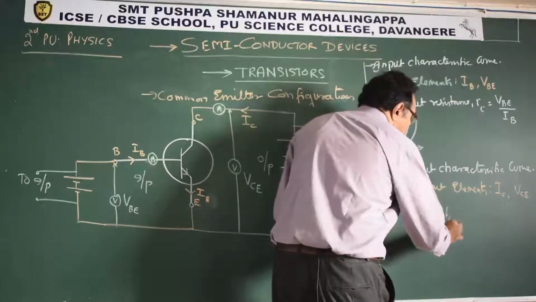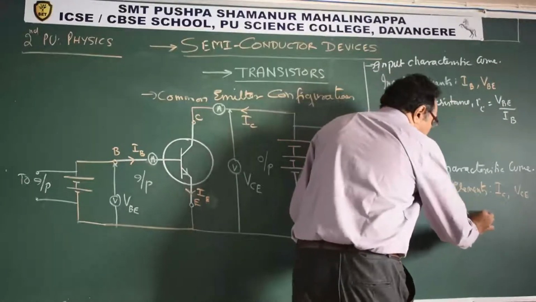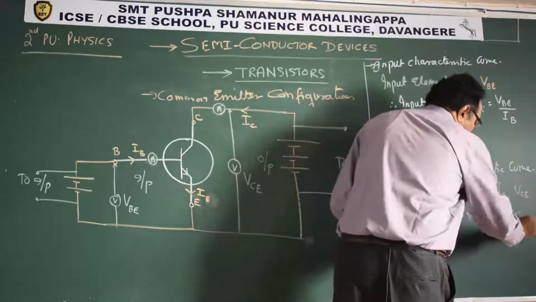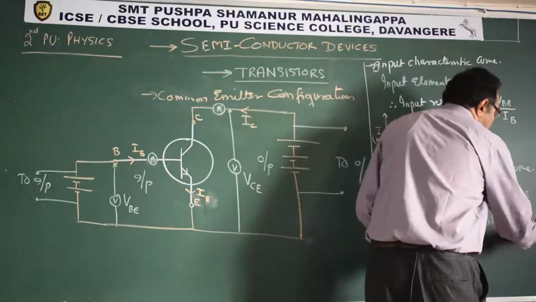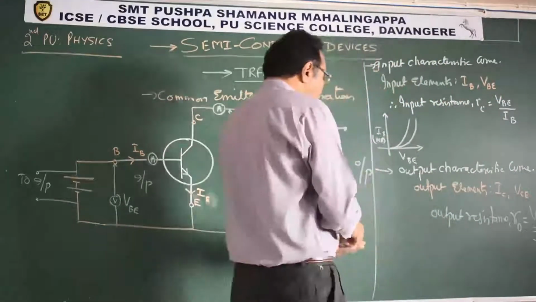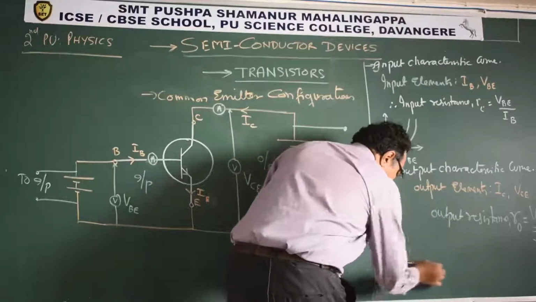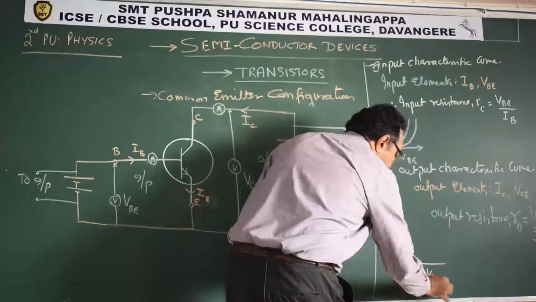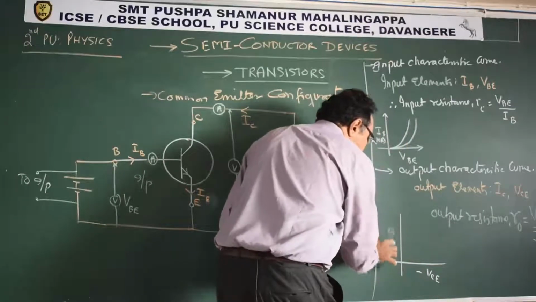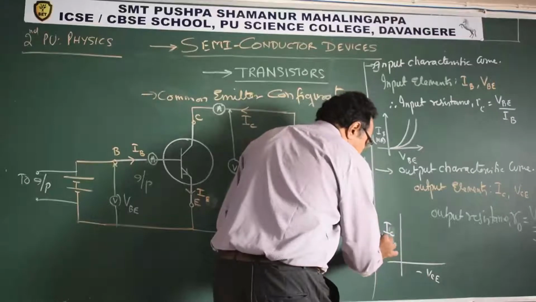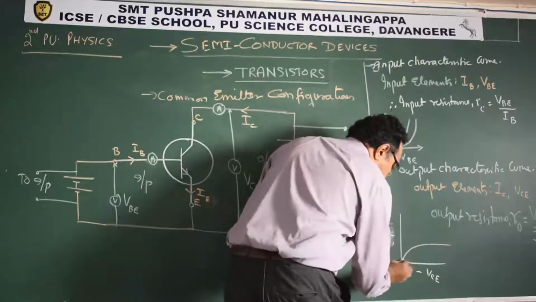Output resistance, RO. It will be VCE by IC. If we try to draw the output characteristic curve, it will be the same thing. Here we will draw VCE and here IC in microamperes, and the graph we will get is something like this.